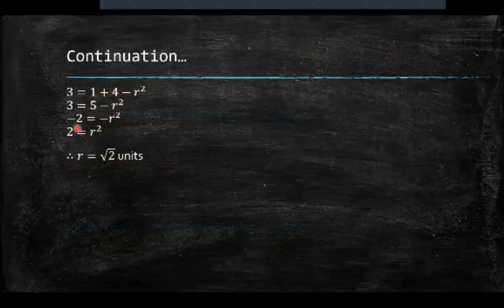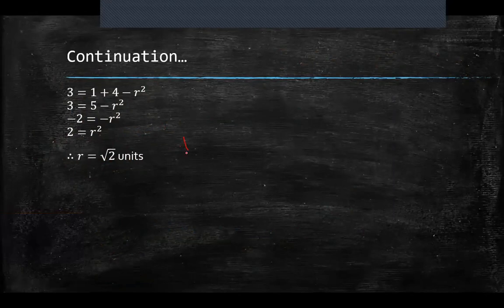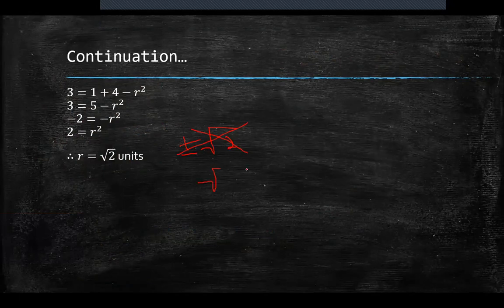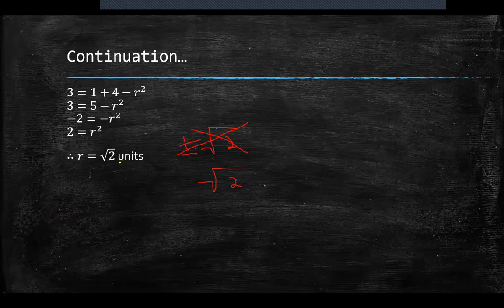I could minus 5 on both sides, so that's minus 2 is equal to minus r squared. 2 is equal to r squared, but remember, you can't have a negative length. So instead of putting plus or minus the square root of 2, that's wrong. It's just the square root of 2. And if they didn't specify the units, you should write units.